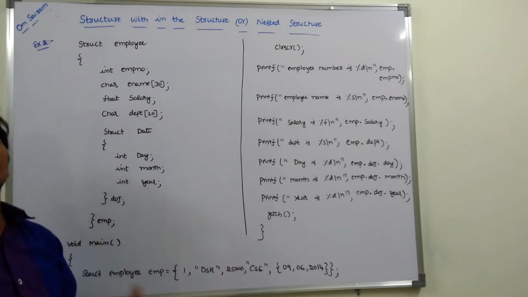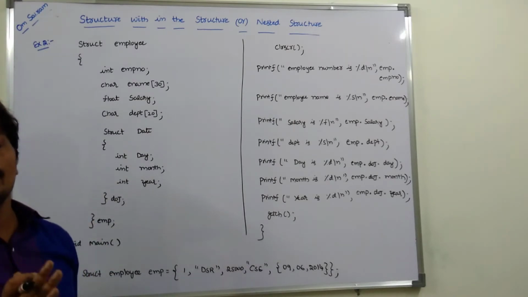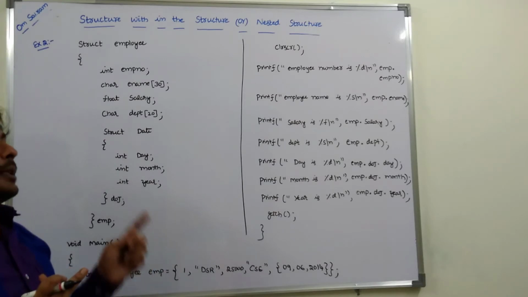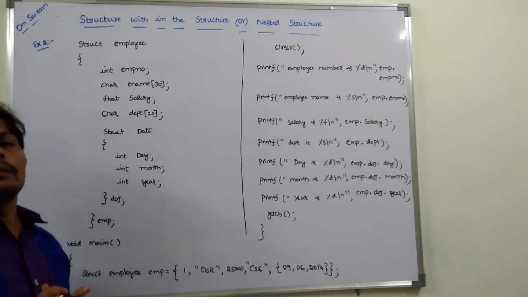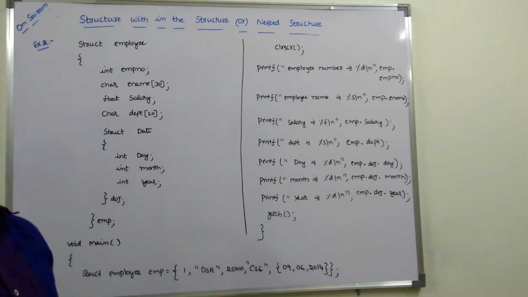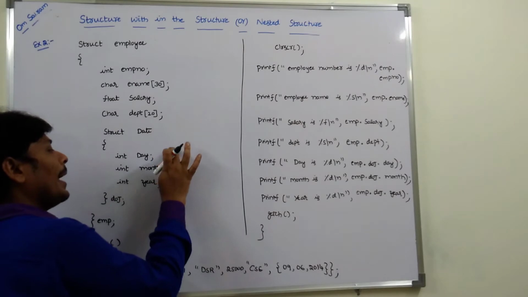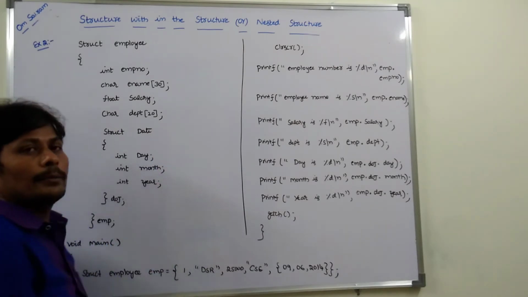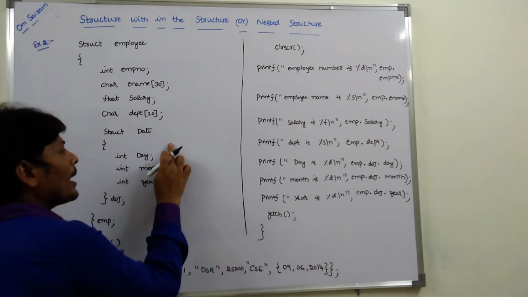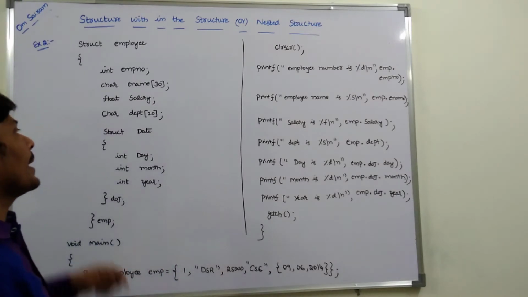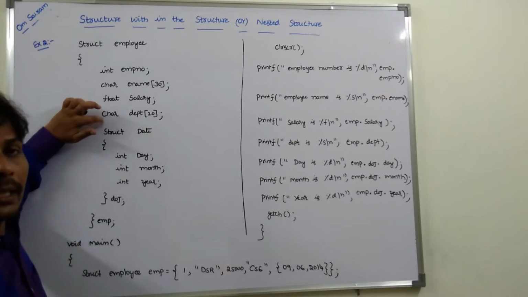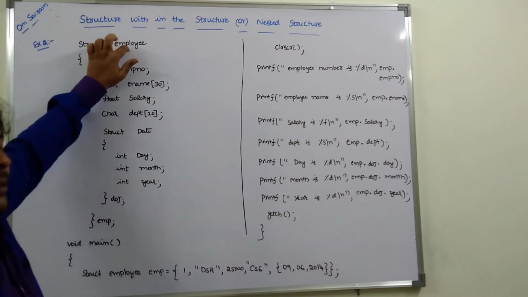Now we can take another structure, that is date. The date of joining contains three members: day, month, year. This entire structure can be declared as a member inside the other structure.